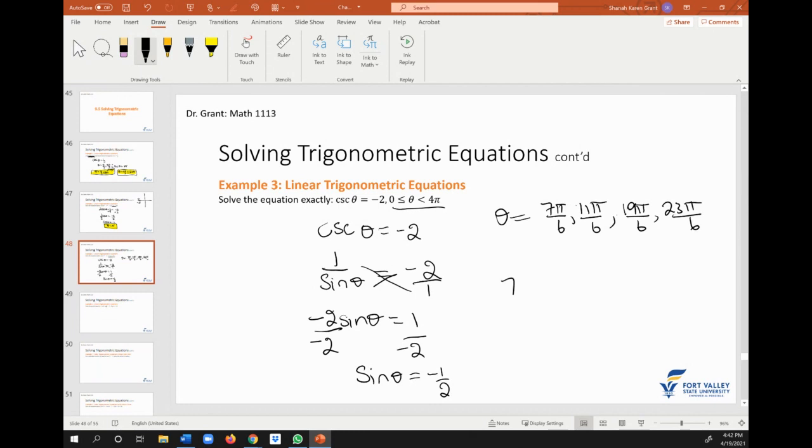So for instance, you have 7 pi over 6. Let's say we're adding 2 pi to that. Of course, we need to have 6 as our denominator for both. So we multiply the numerator and denominator by 6.